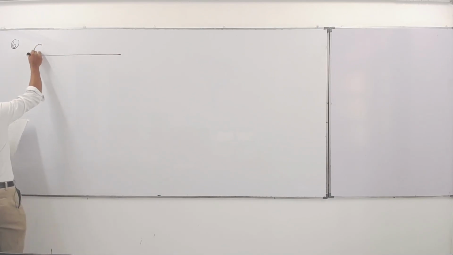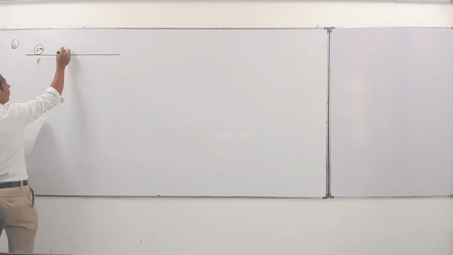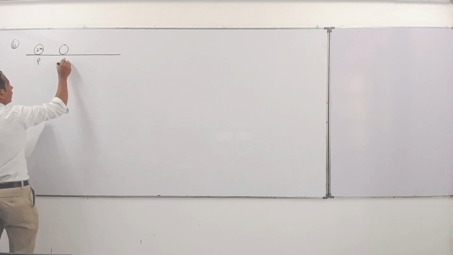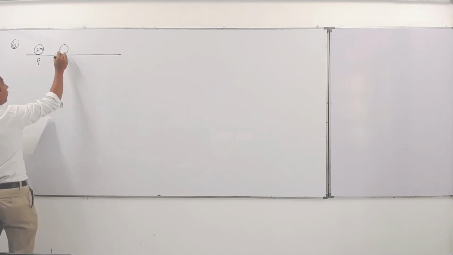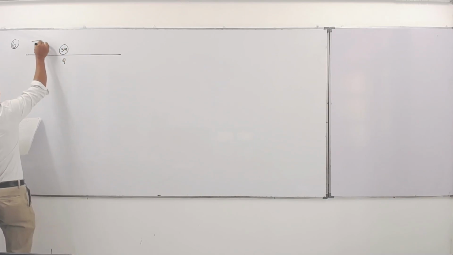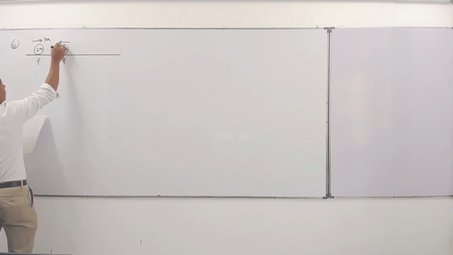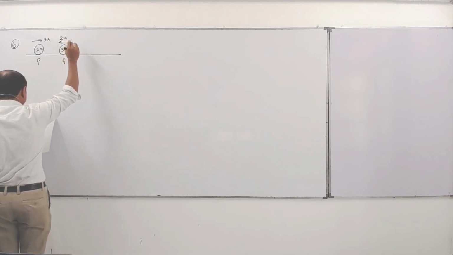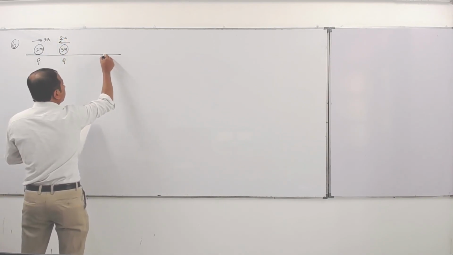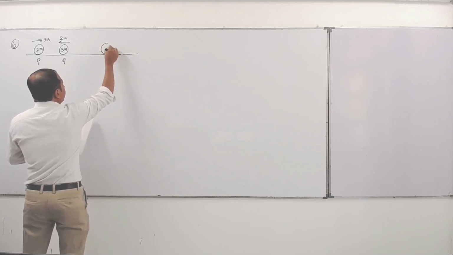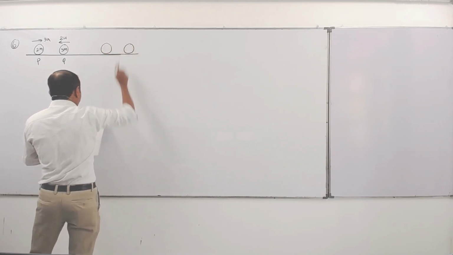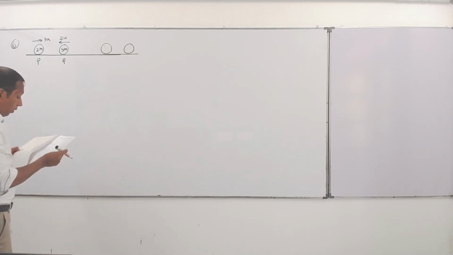Here, P, mass 2m, Q, mass 3m, this moves in this direction with velocity 3u, this with velocity 2u. After the impact, we are given Q moves in the direction.